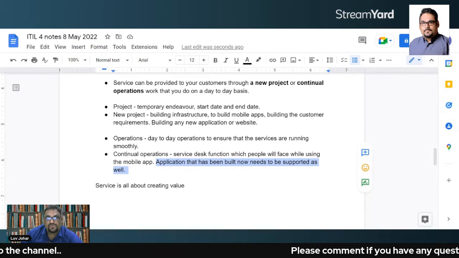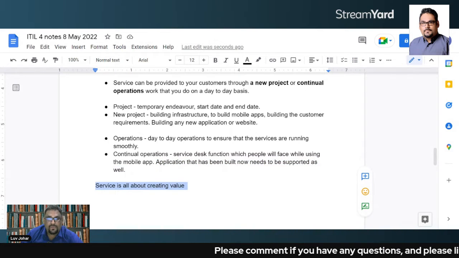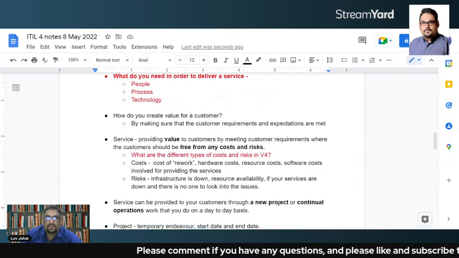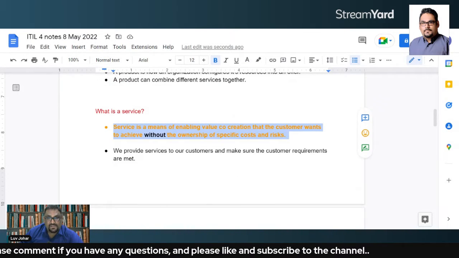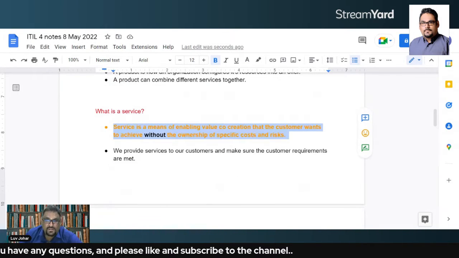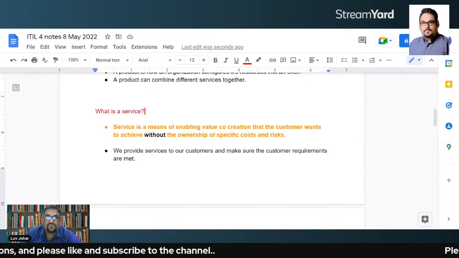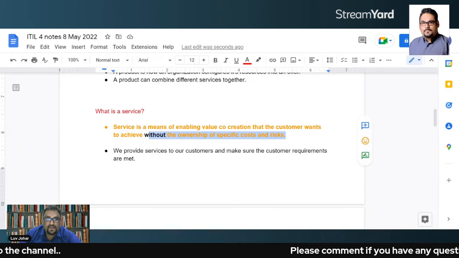So I hope now you understand what service is all about. Just going back to the standard definition, it is a means of enabling value co-creation that the customer wants to achieve without the ownership of specific costs and risks. We have taken care of this part up till now.